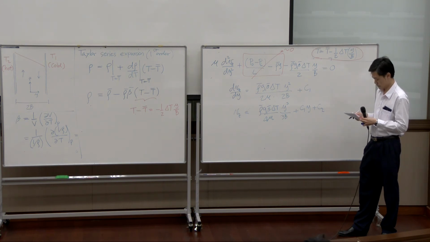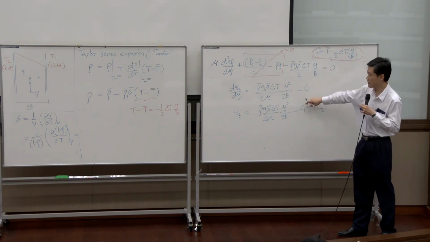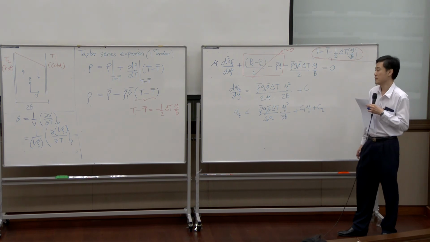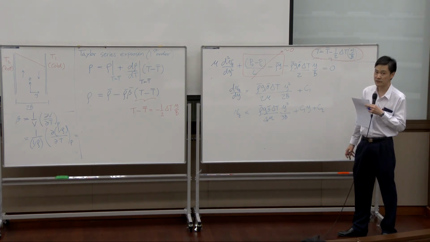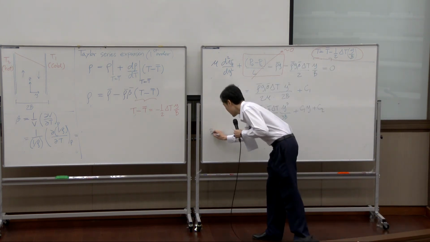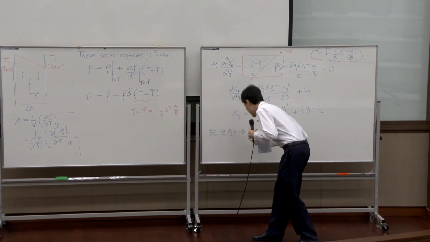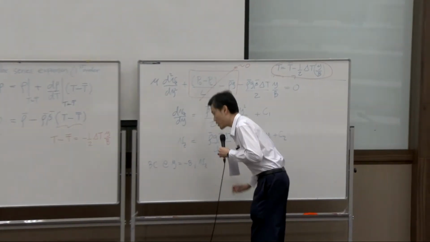The rest is basically plugging in the boundary conditions. And we know two boundary conditions. First, at y equal to minus b, what is Vz?